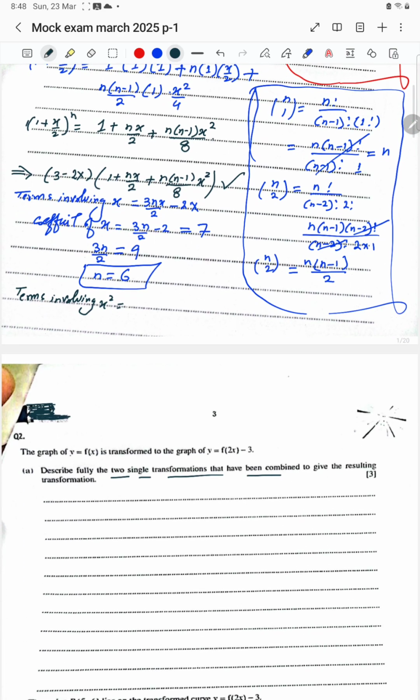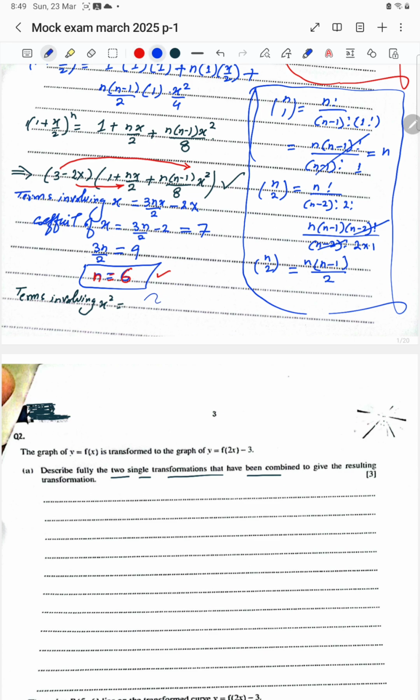Yes, so whenever you multiply this 3 with this term, we'll get an x squared term, and once we multiply this with this, we get x squared. But keep in mind, replace n with 6 this time, because n we have calculated. So let's see what we'll get.